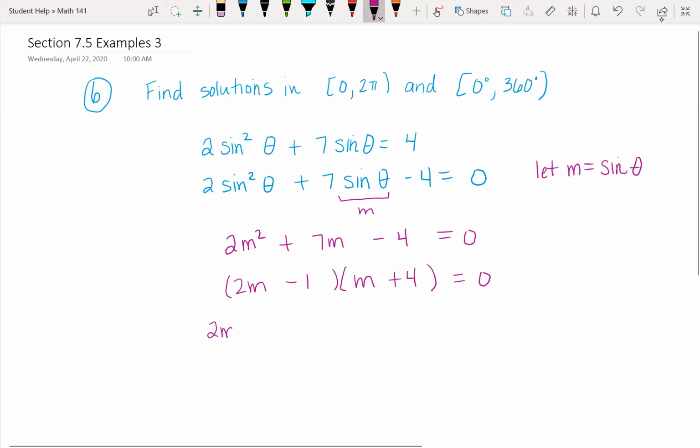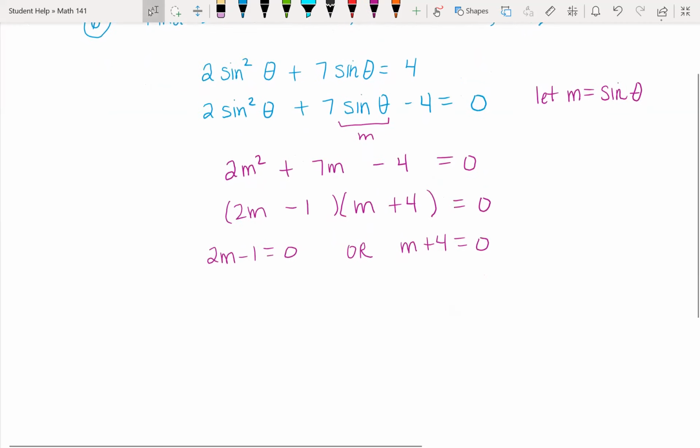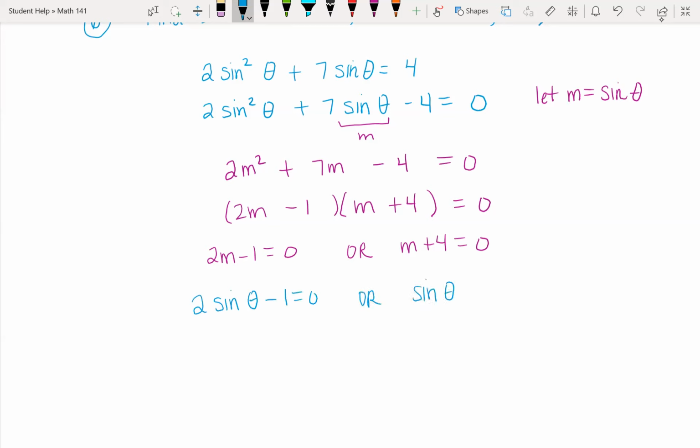Either 2m minus 1 equals 0 or m plus 4 equals 0. Going back to our variable exchange, we have 2 times the sine of theta minus 1 is 0, or sine theta plus 4 equals 0.